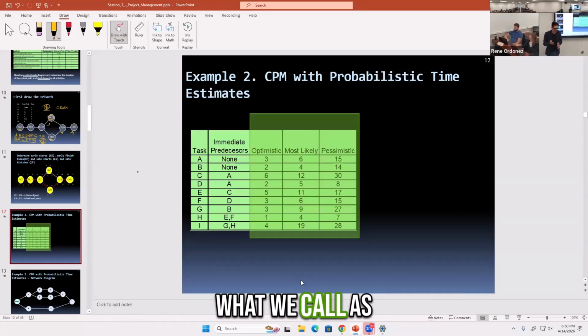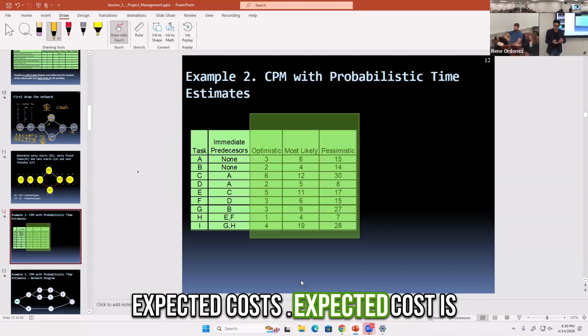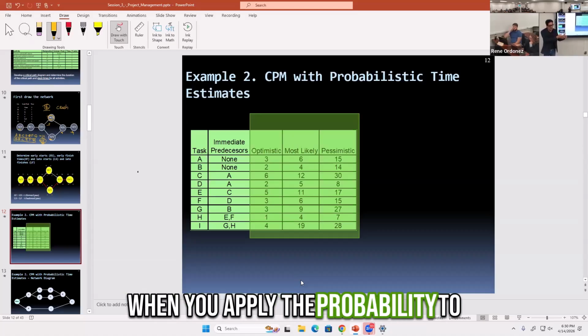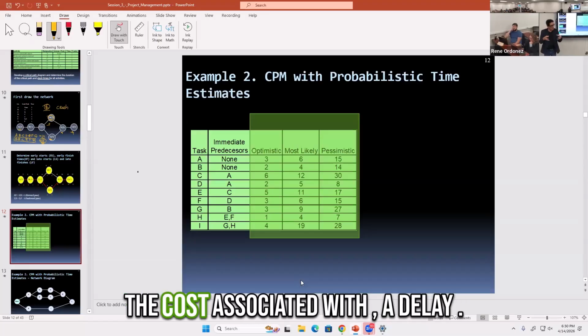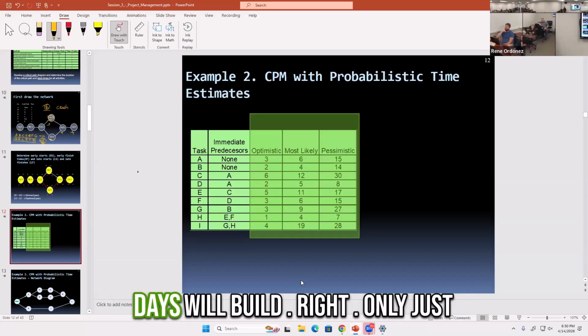We use what we call expected costs. Expected cost is when you apply a probability to the cost associated with a delay. And they build that in even to some of these budgets, that at least a few days will go.